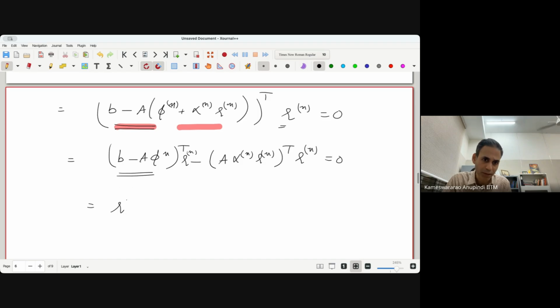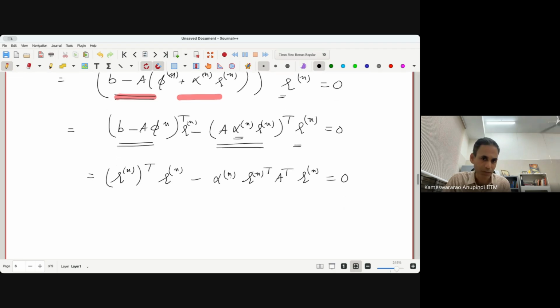It is nothing but Rn. So we have Rn transpose times Rn minus alpha n, which is a scalar so it can be taken out. What is this quantity? It is nothing but Rn. So (A Rn) transpose, like (AX) transpose, is nothing but X transpose A transpose. So this is Rn transpose A transpose, and then we have Rn outside, equal to 0.